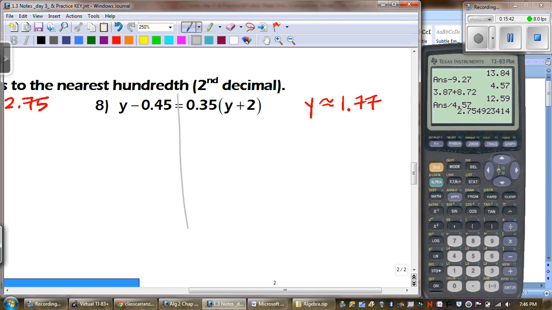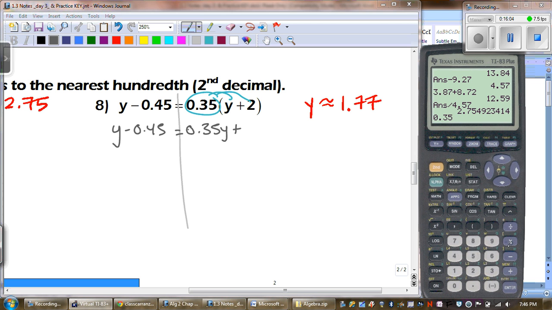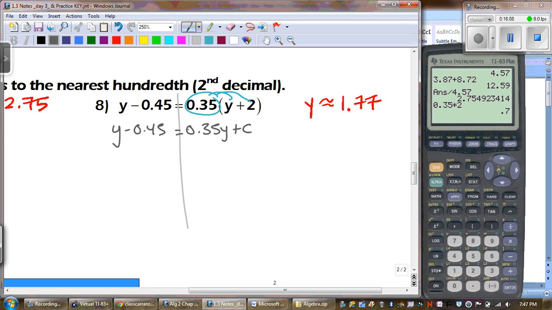Now, number 8. There's nothing to do on the left side, so we can just rewrite that down. And on the right side, we need to distribute 0.35. So we get 0.35y plus, we have 0.35 times 2, which gives us 0.7.